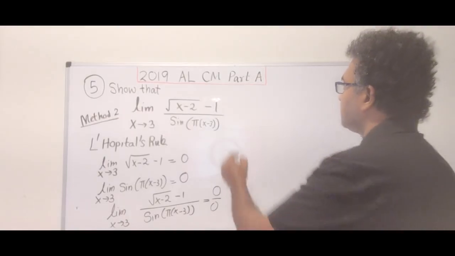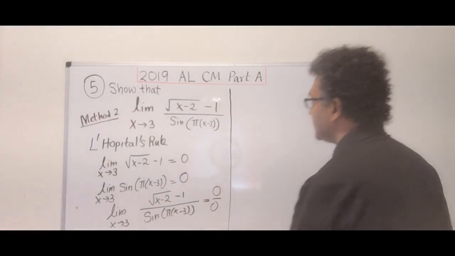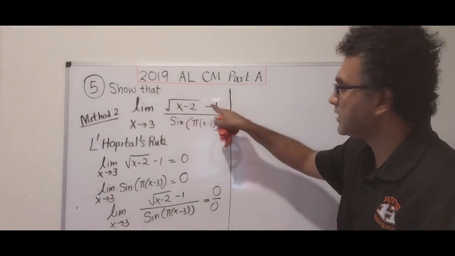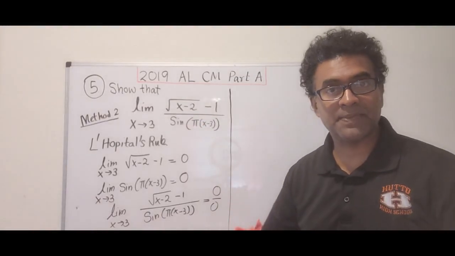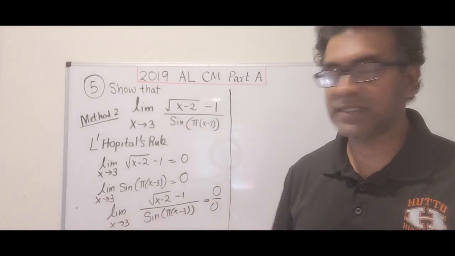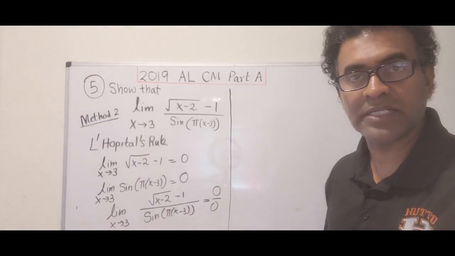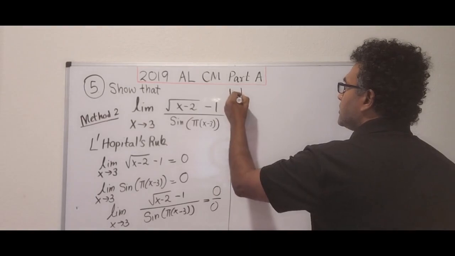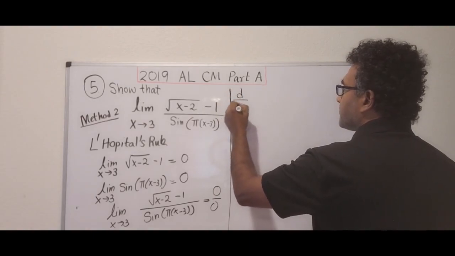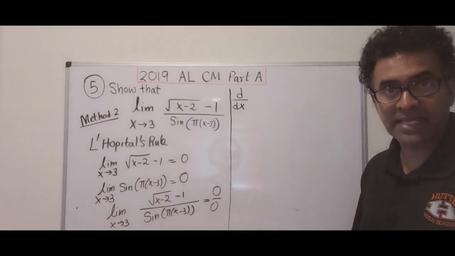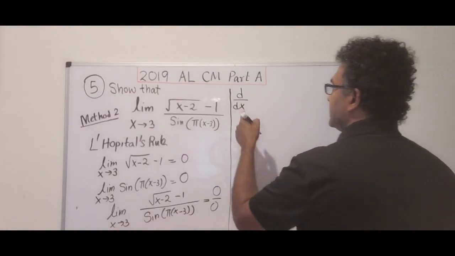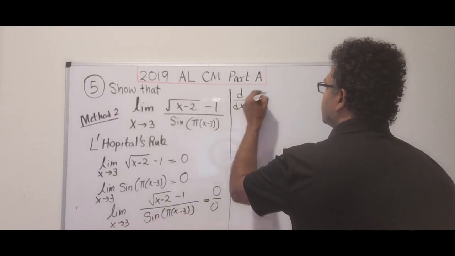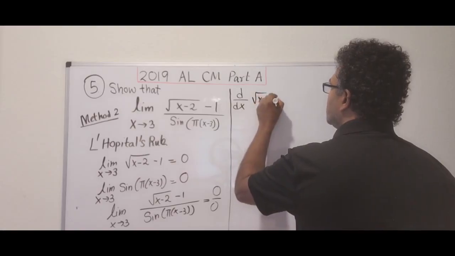So I'm going to apply L'Hopital rule over here. Again, I look at the numerator and the denominator separately, and I'm going to take the derivative of the numerator and the denominator separately. So that's the first thing that you need to do. With respect to x, because the variable is x, I'm going to take the derivative of the numerator.